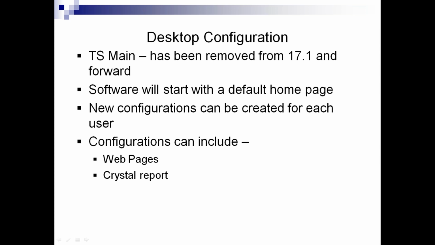It's actually the very last item listed under the application panel on the Sage Desktop. But in 17.1, it's been removed from the application dropdown, but you actually still have access to it. And I'll show you once we get into the software for those of you that are on 17.1 that are missing TS Main. When you do go forward to 18.1, that little shortcut will be gone.